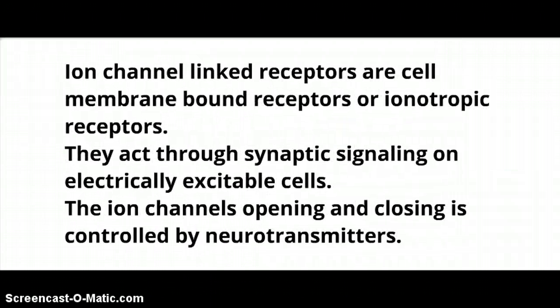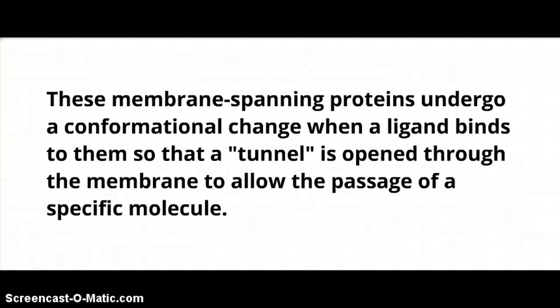So ion channels are the things in the cell membrane. Like when we were talking about action potentials, we talked about ion channels. So ion channels are in the cell membrane, and they act through synaptic signaling on electrically excitable cells. The ion channel will open and close, and it'll be controlled by the neurotransmitters.